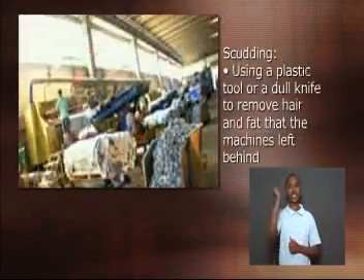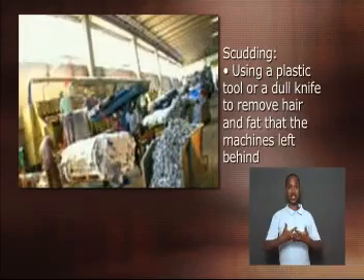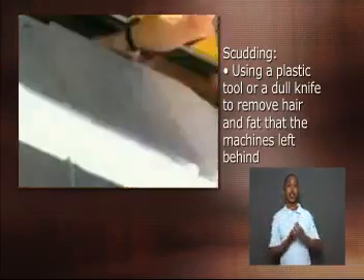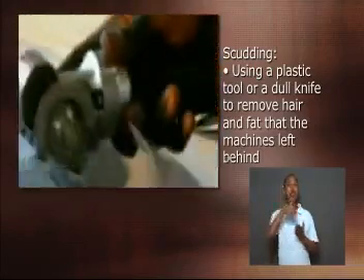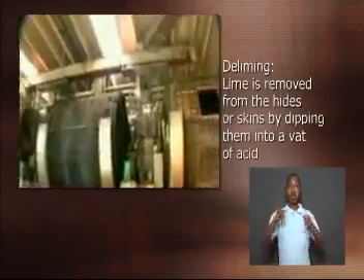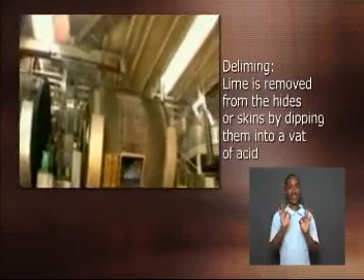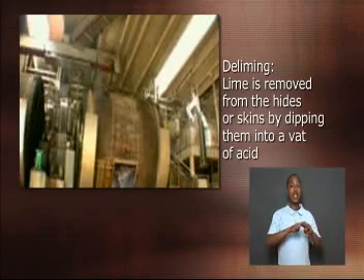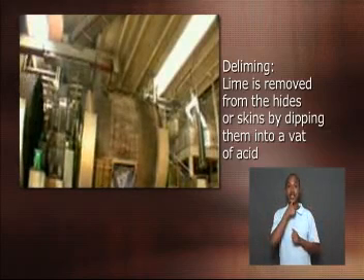Any hair that was missed by the hair removal machine is then removed with a plastic tool or a dull knife. Leftover fat is also removed at this time. When the skin or hide is hair-free, the lime is removed from it by placing it in a vat of acid. The skin or hide is now ready for tanning.